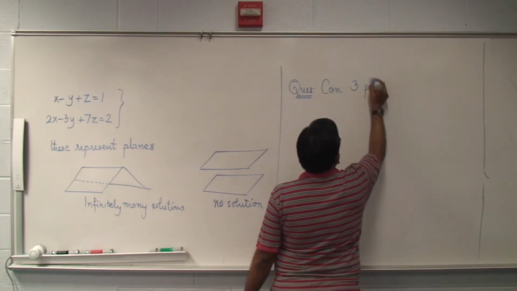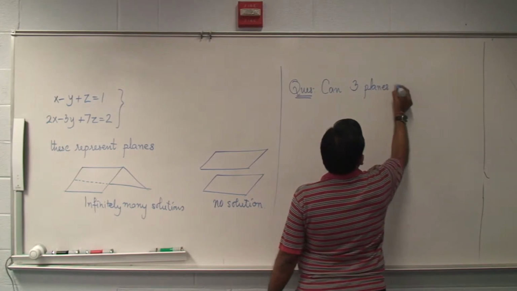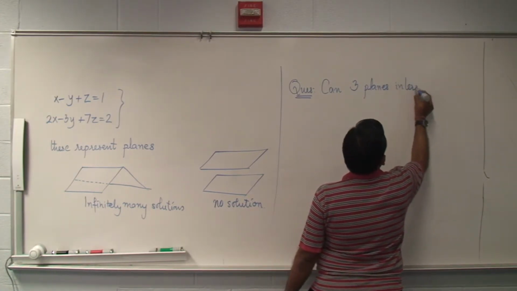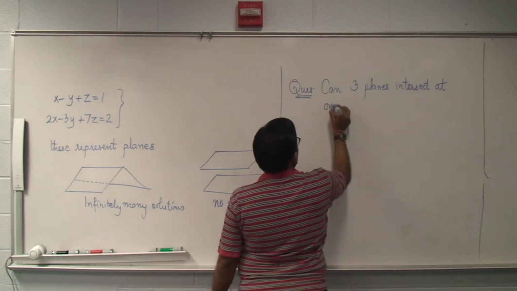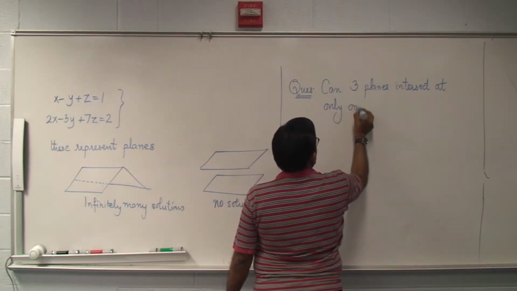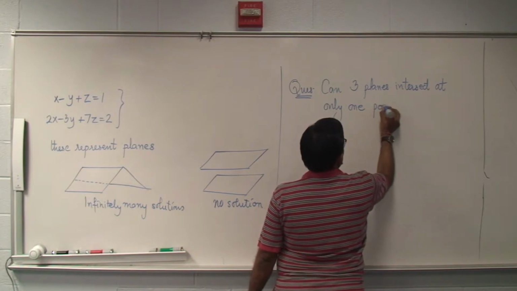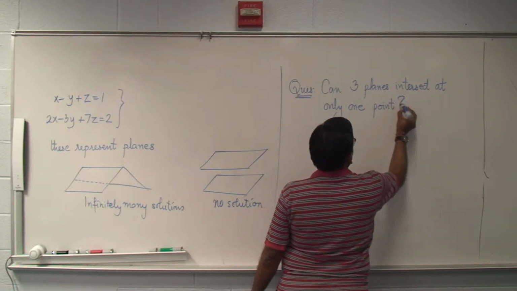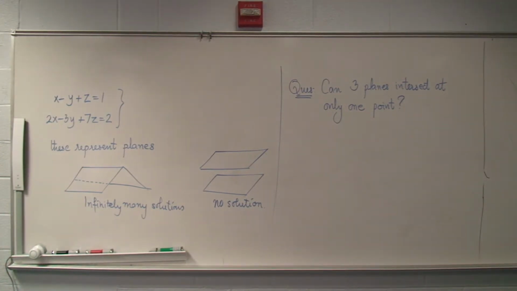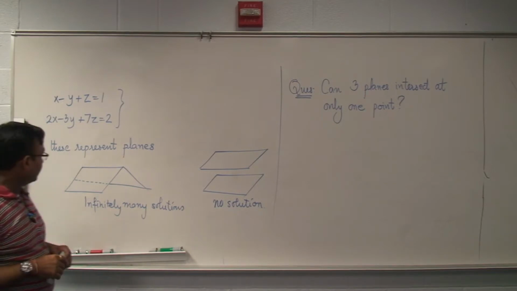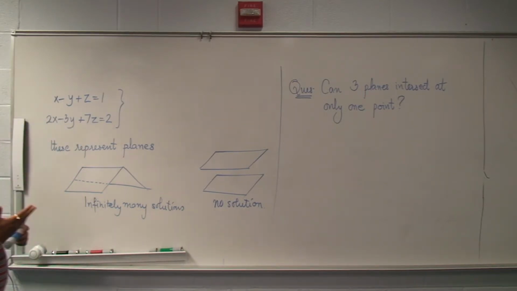Can 3 planes intersect at only one point? Now, maybe sometimes people say, oh no, it's not possible. But if you think a little bit, you will see that there is definitely a possibility.